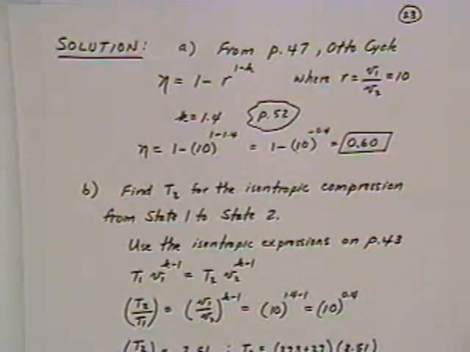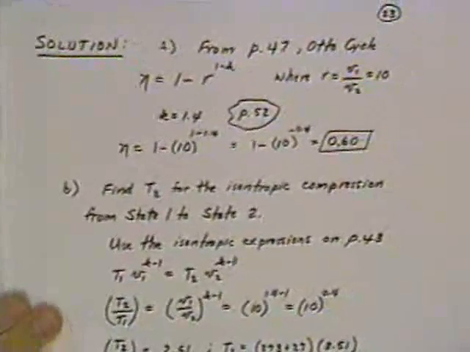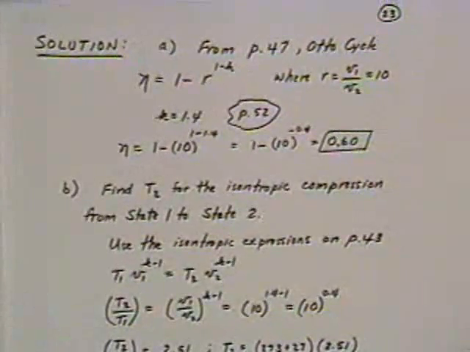It's found on page 52 of our reference manual under air for an ideal gas, and K of course is the ratio of specific heat at constant pressure to the specific heat at constant volume. And so finding the efficiency of the Otto cycle is very straightforward. Efficiency is 1 minus R, which is 10, raised to the 1 minus 1.4 power, and so you have 1 minus 10 to the minus 0.4, which is 0.6. So it's a direct calculation of the efficiency of the Otto cycle.